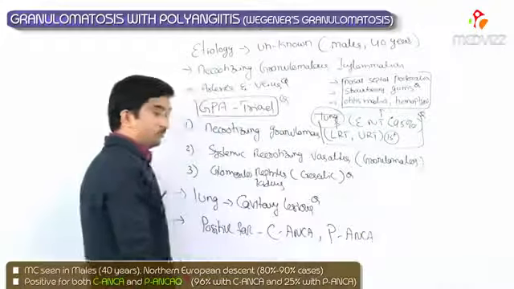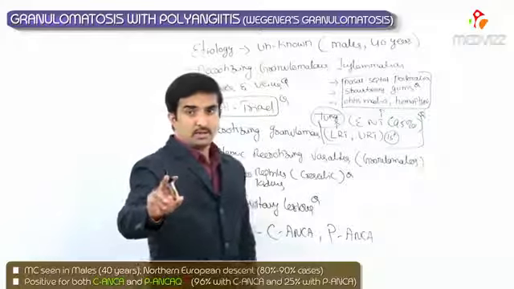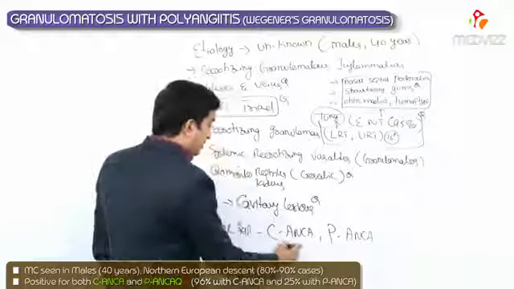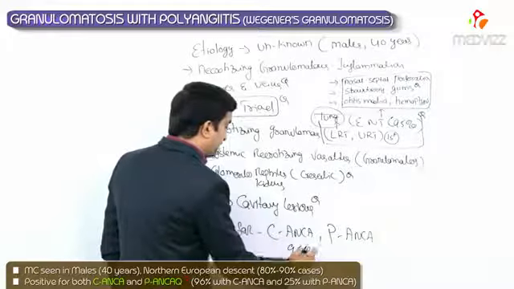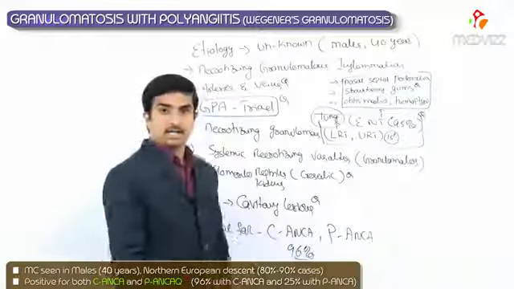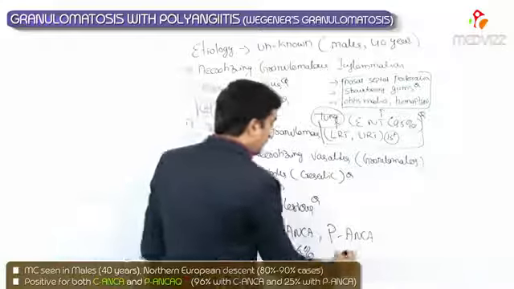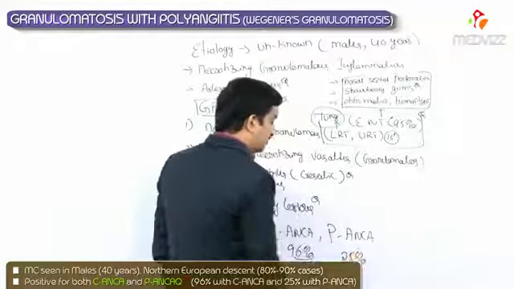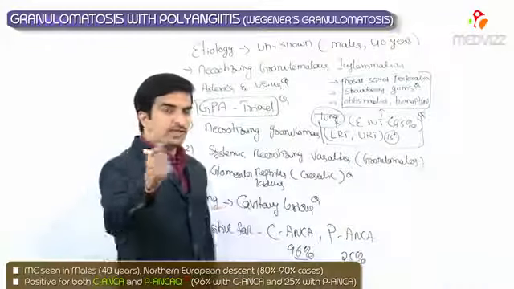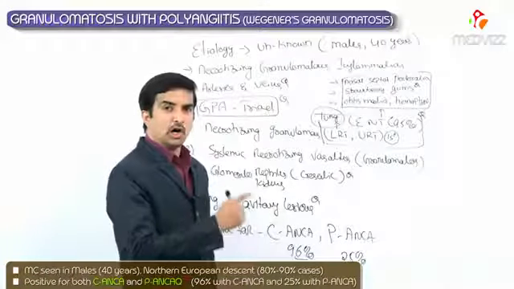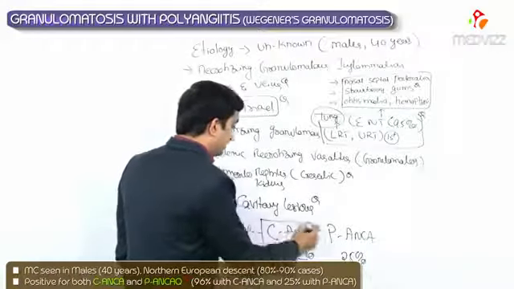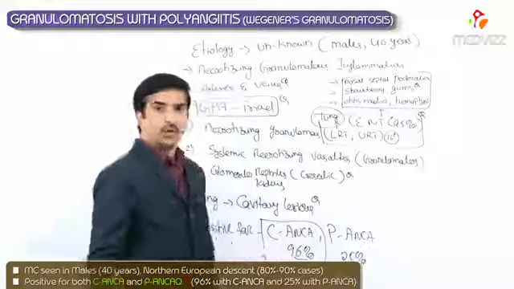Both are positive, but not in all individuals. Approximately 96% of the patients are positive with CANCA and 25% of the patients are positive with PANCA. So which one is more specific, C or P? C is the most specific one.